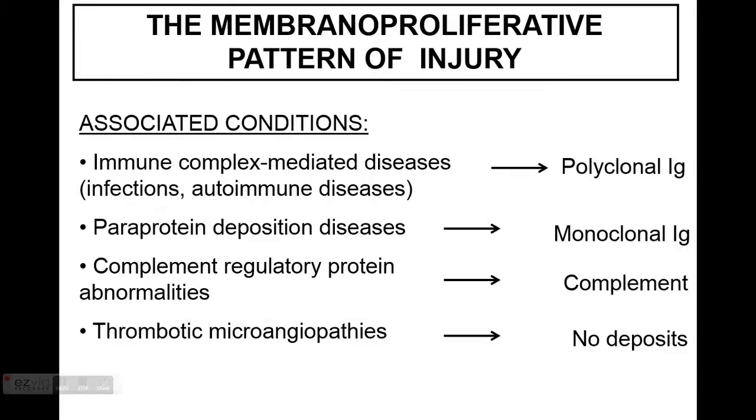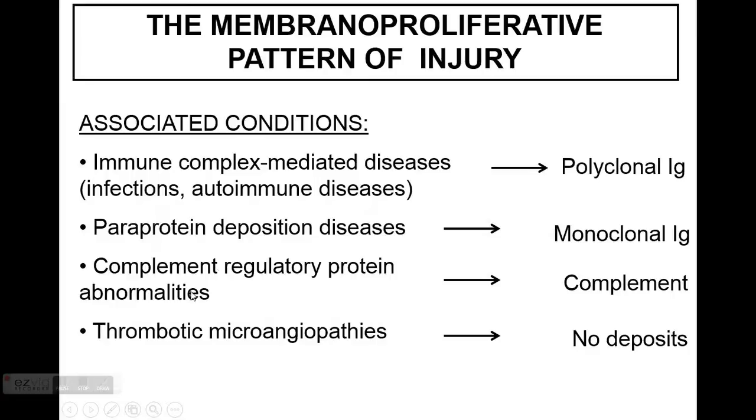So when I think of MPGN pattern of injury, I really focus on what is depositing and whether we have deposits. So there are four groups of associated conditions. One is with immune complexes, and you will see polyclonal immunoglobulin depositing. The other is paraprotein deposition diseases, where you will see monoclonal immunoglobulins.